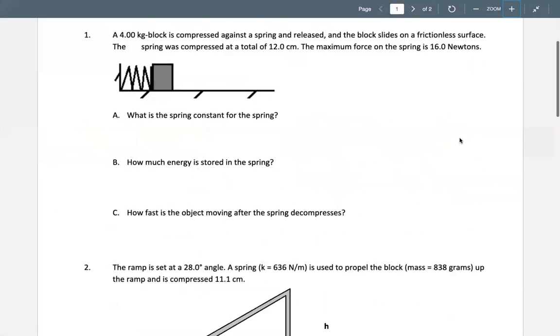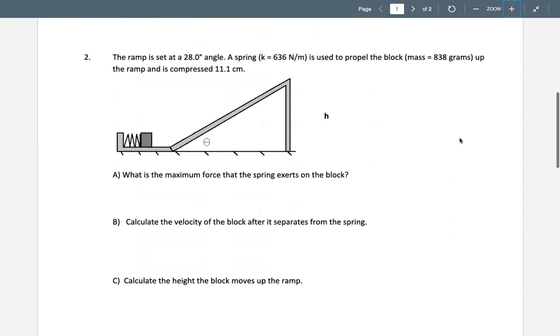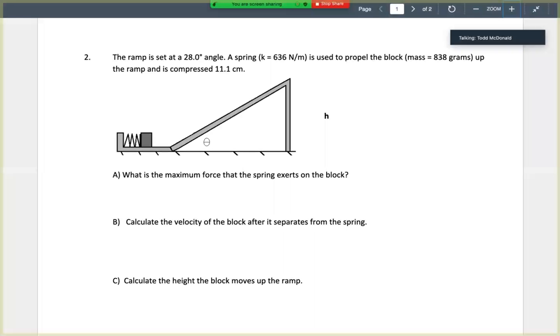Let's move on to question 2. I'm going to do question 2 with you. It says we have a ramp at an angle of 28 degrees, spring constant 636 newtons per meter, and as the block leaves, it's going to go up the ramp, right? So first thing we're supposed to calculate here is the maximum force that the spring exerts on the block.